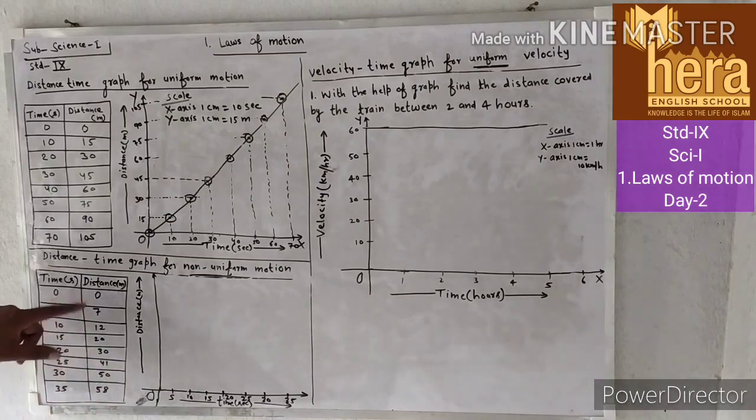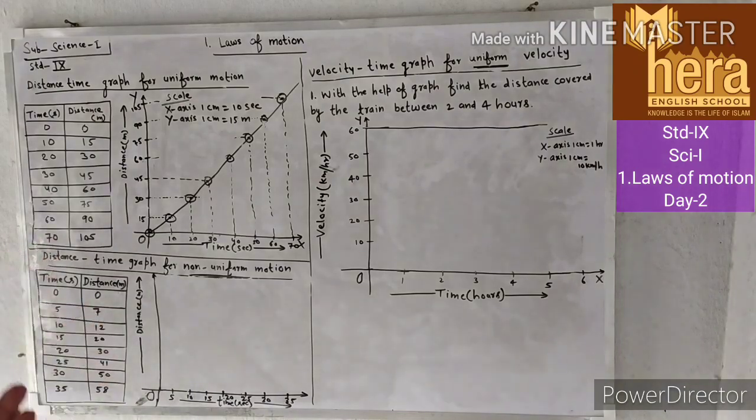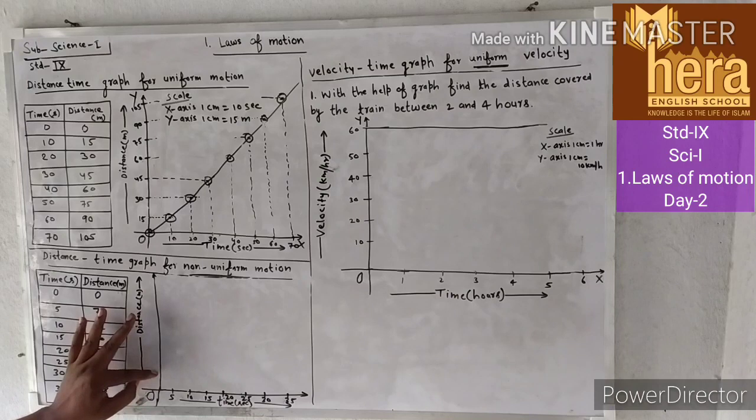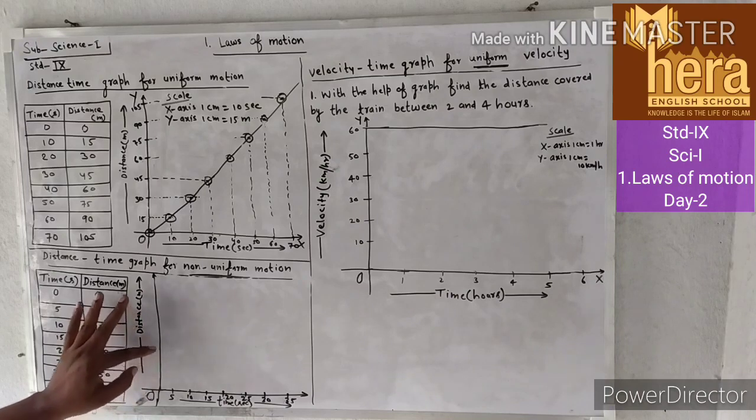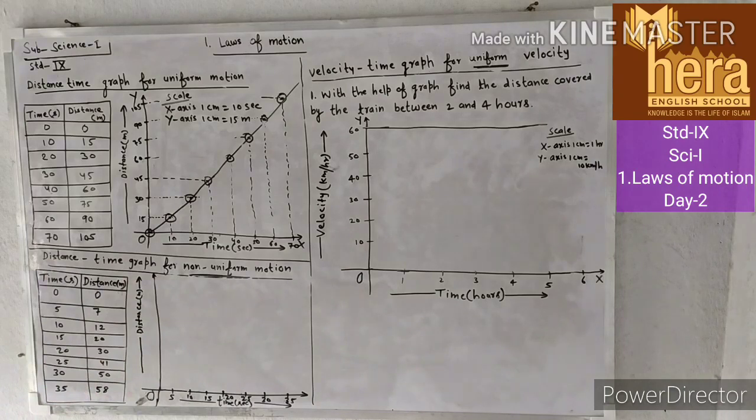See, here the interval is 7 minus 0, that is 7. 12 minus 7, that is 5. So here the interval of 7 is a 5. So you have to take equal intervals. It means we will take intervals of 10: 10, 20, 30, 40. Understood?